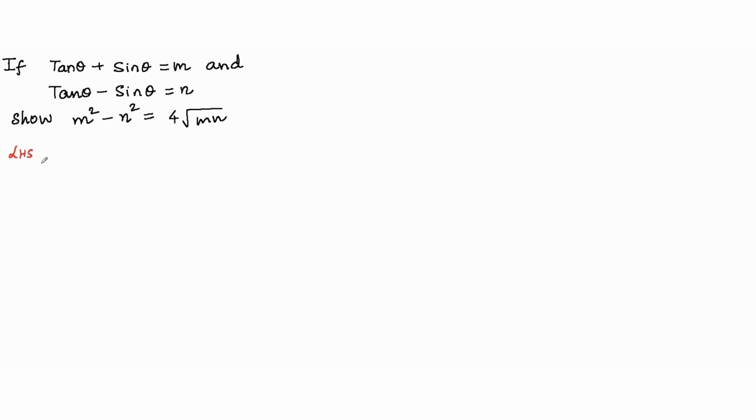We have m square minus n square. So let us first find m square. M square is tan theta plus sin theta the whole square. This is of the form a plus b the whole square, which is a square plus b square plus 2ab, that's 2 tan theta sin theta.